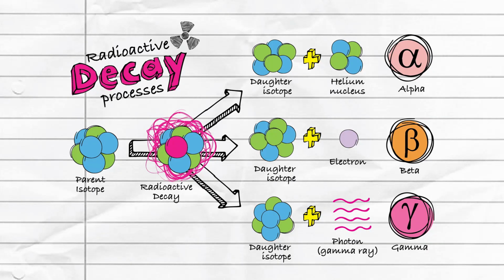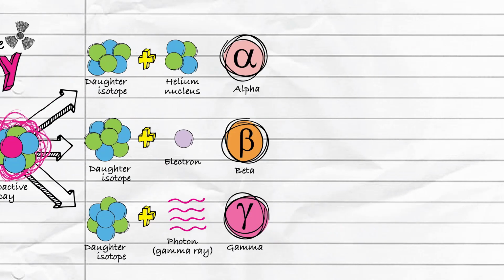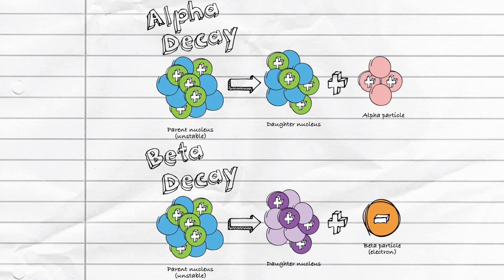Unstable atoms, like carbon-14, go through a process called radioactive decay to become stable and give off nuclear radiation in the process. The atom's nucleus decays or breaks down by shooting off or releasing a piece of itself in the form of small, energetic particles like alpha or beta particles.